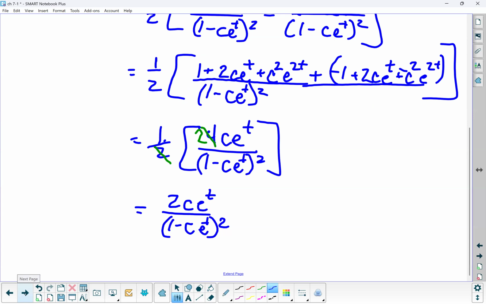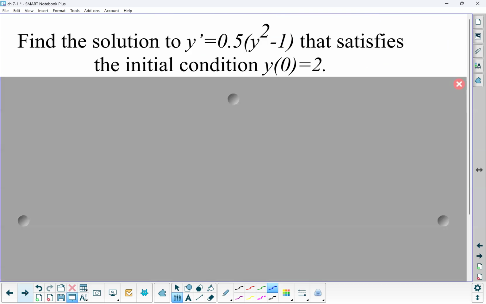What would really be nice is if we could figure out a value for c. In order to do that, we would need to know some initial condition. So, what if we had an initial condition that said y of 0 is equal to 2?